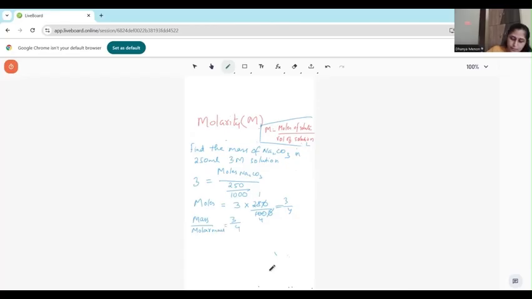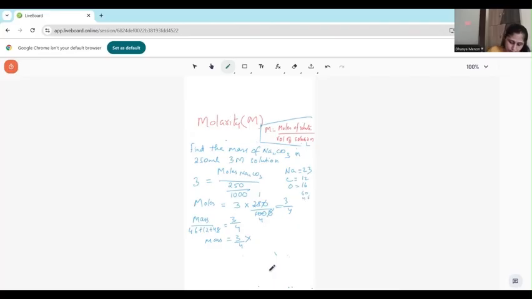Sodium is 23, carbon is 12, oxygen is 16. So I have 23 times 2 is 46 plus 12 plus 48. So mass equals 3 by 4 times 60 plus 46, it comes to 106.